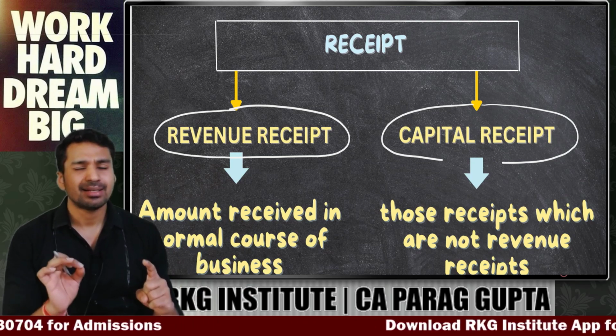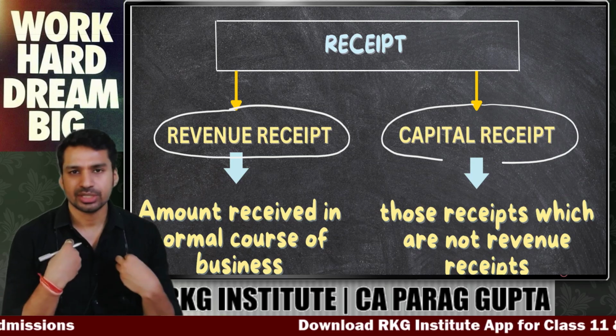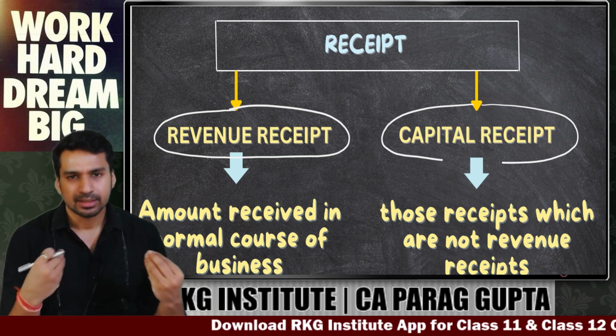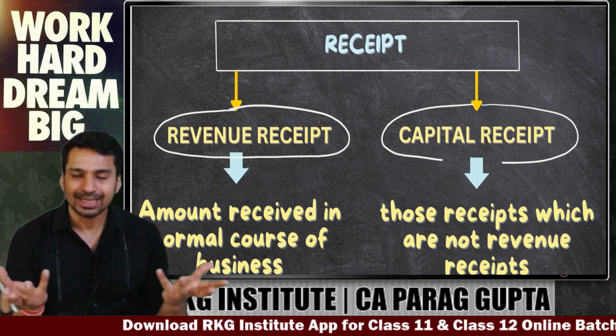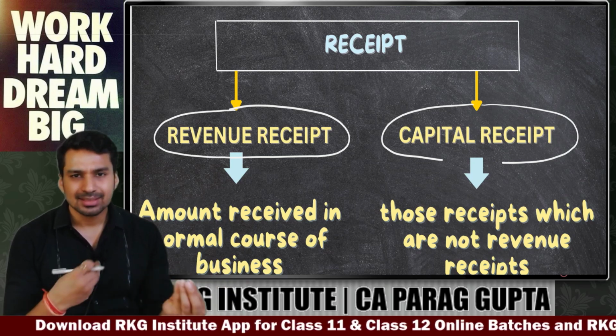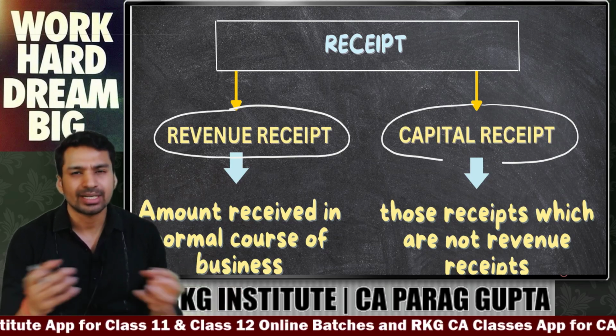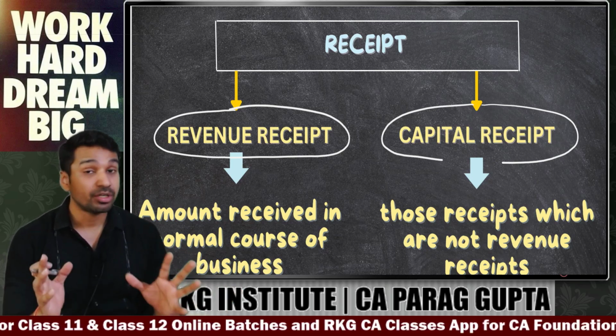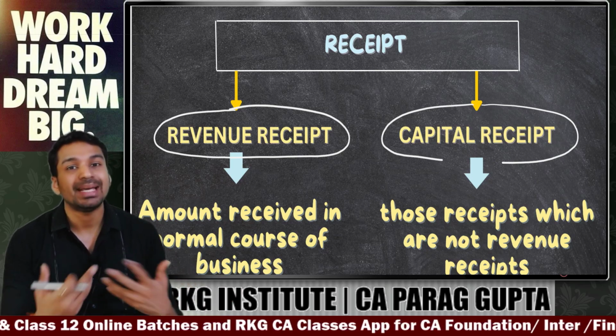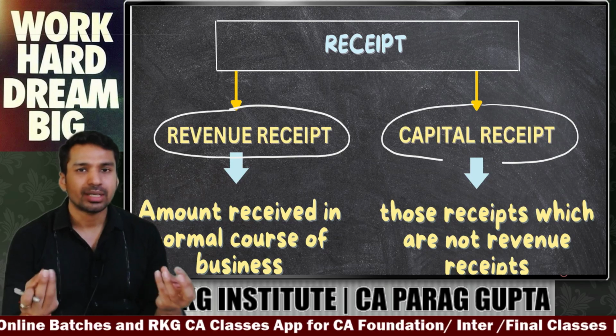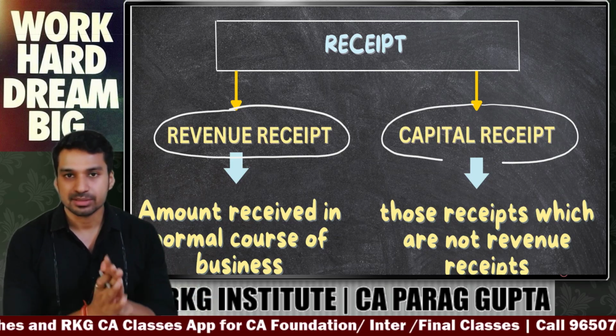If I sell, let's say, my goods, I have a stationery shop and I sell stationery and I receive money on daily basis, then this receiving money is a revenue receipt for me. It is of daily nature, it is of regular nature. So revenue receipt is kind of your main business activity and you are receiving it on daily basis.